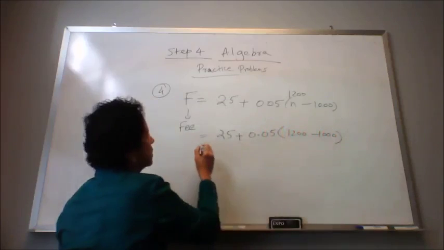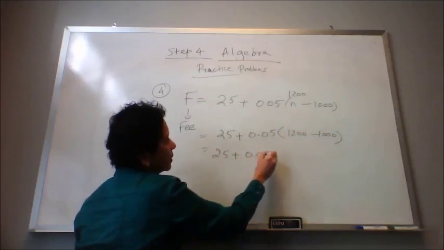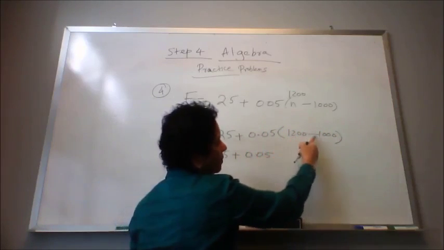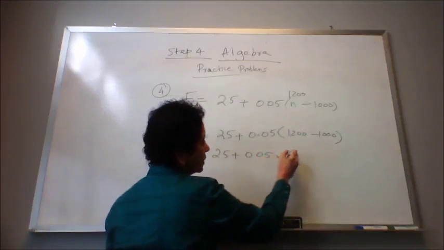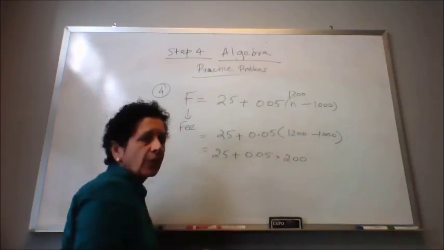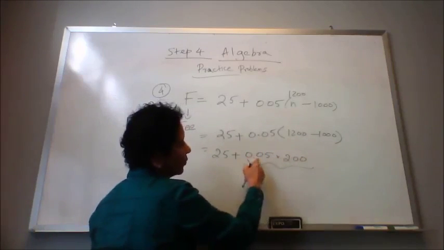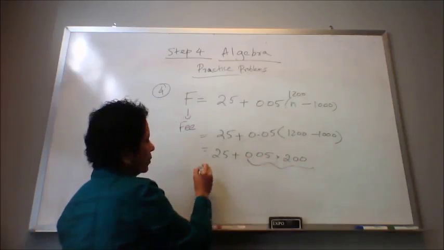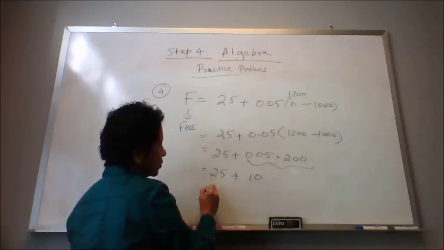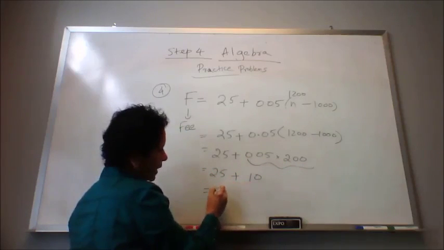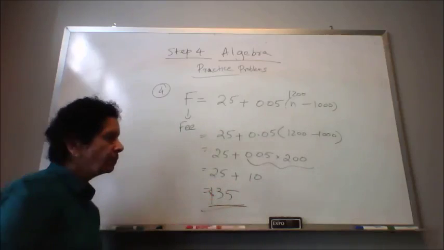The difference is 200, so in the calculator, 0.05 times 200 is 10. So 25 plus 10 gives you $35, okay?